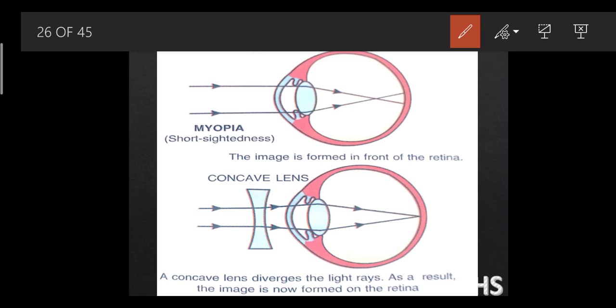Let's understand with the help of this diagram. This is a concave lens, and this is the light entering here. You can see there is a divergence when it reaches here. Due to this divergence, the image will now form on the retina.